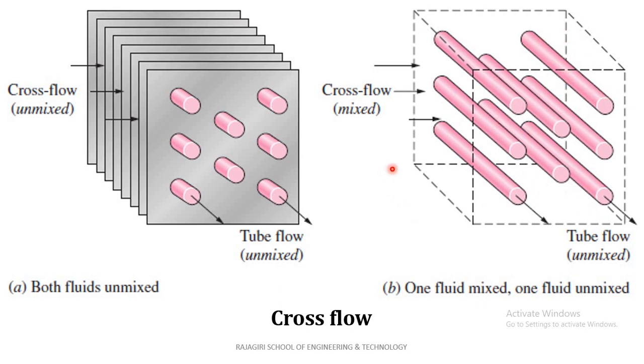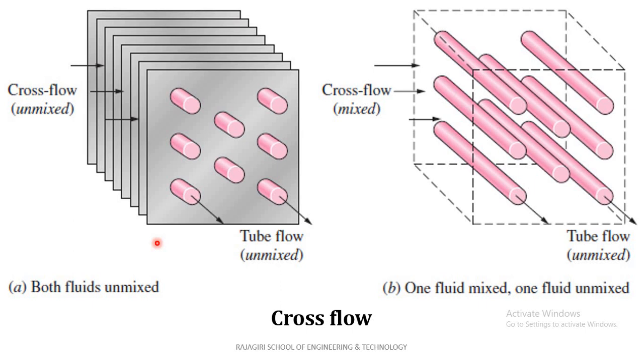The fluid layer passing through the bottom side can mix with the fluid particles moving through the top side somewhere in the space. So one fluid is mixed and the other fluid is unmixed.